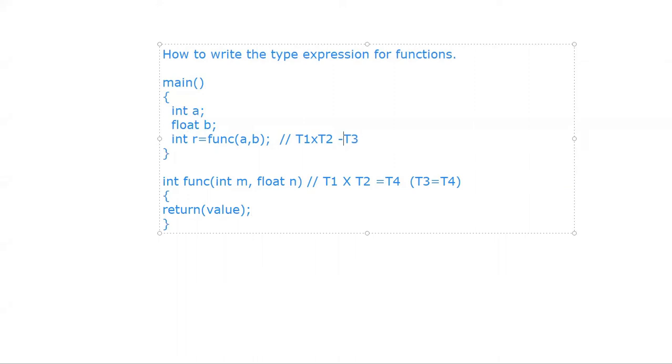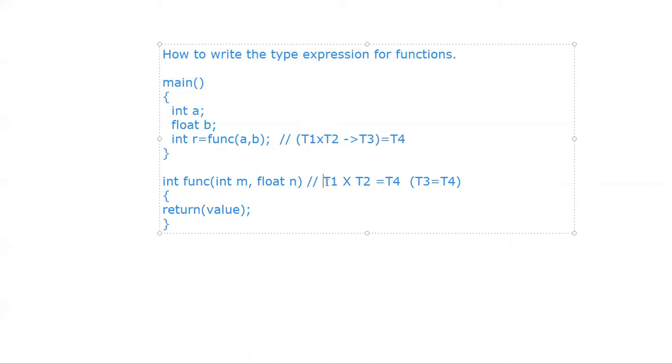The expression will be this. What is the meaning of that? T1 is the first parameter, T2 is the second parameter, and when the function returns, the value will be T3. The return value expression will be T3, which is equal to, suppose, T4. The whole function expression is T1 cross T2, which is returning T3. So the function expression is T4.